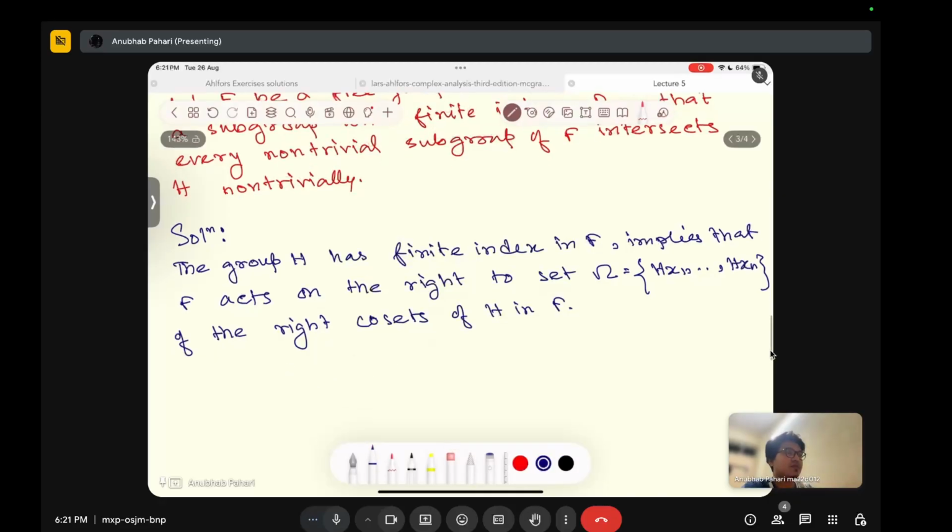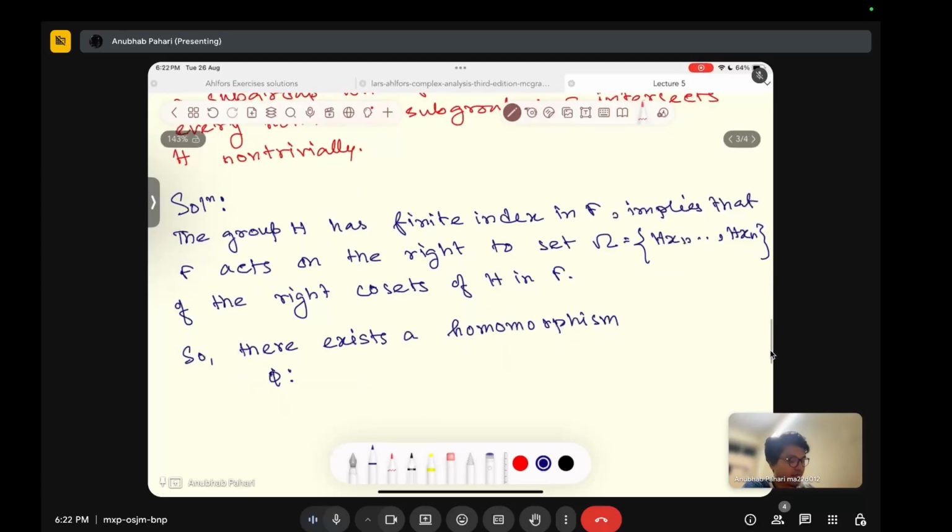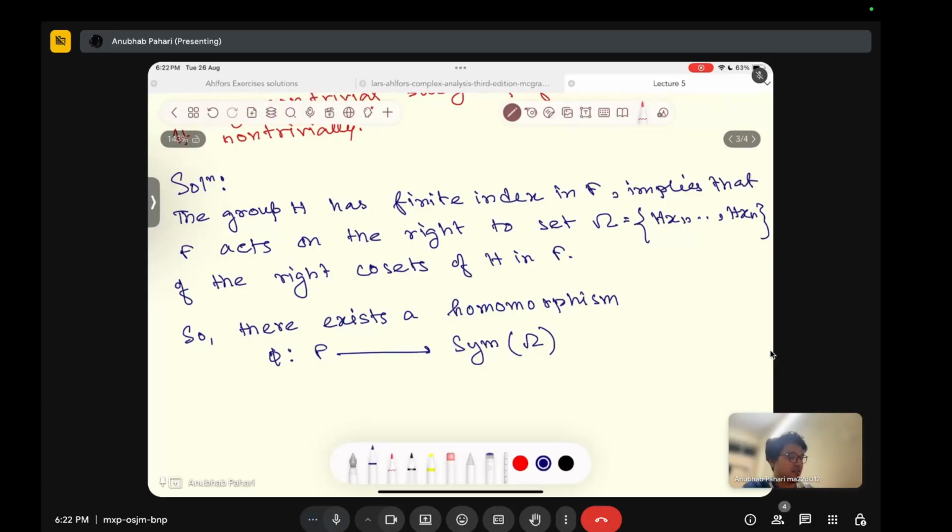So that means what? I told in earlier sessions that this means there exists a homomorphism phi from F to the symmetric group generated by omega, and the kernel of phi is what?